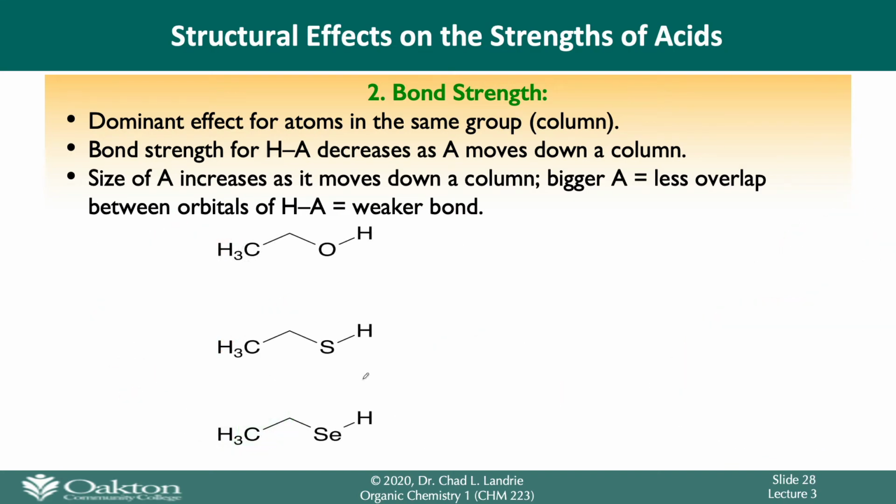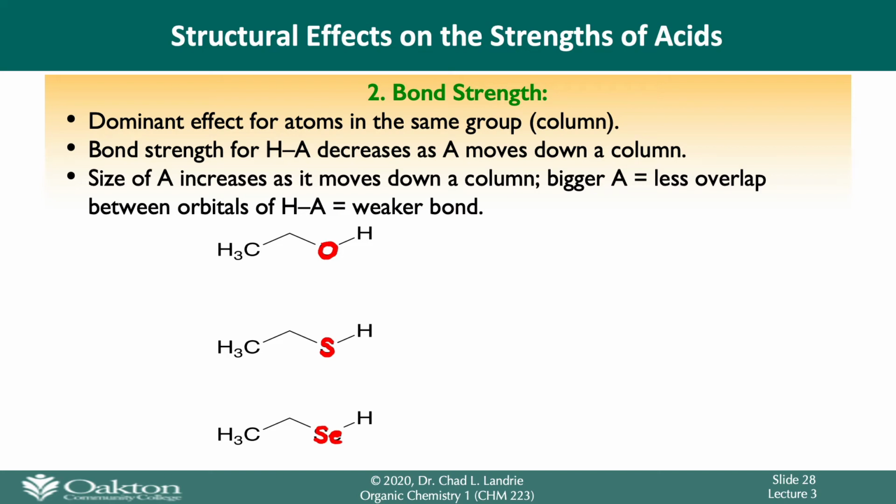All right, let's apply this principle now to some organic compounds. We have an alcohol, a thiol, and a selenol shown here from top to bottom. Don't worry about the names, we'll talk about functional groups later. But what's important to realize here is that it's the oxygen, the sulfur, and the selenium atom that are going to be losing the hydrogen atom in an acid-base reaction.